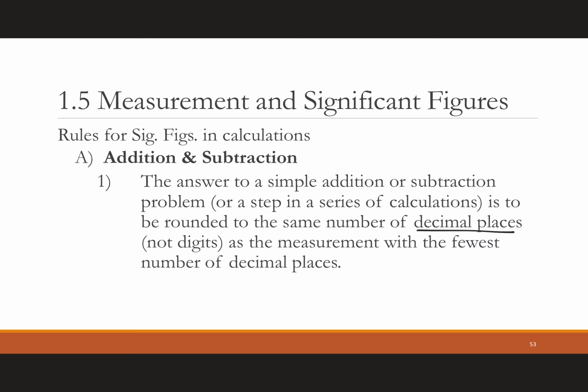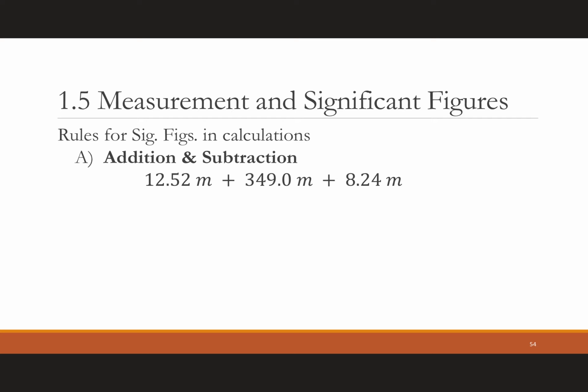Seems kind of weird. We just talked about how to determine sig figs, but now we're only looking at decimal places. I didn't create the rules. That's just how it is. Follow the rules. So we have these numbers here, 12.52 plus 349.0 plus 8.24 meters. All right, so we pull out a calculator.